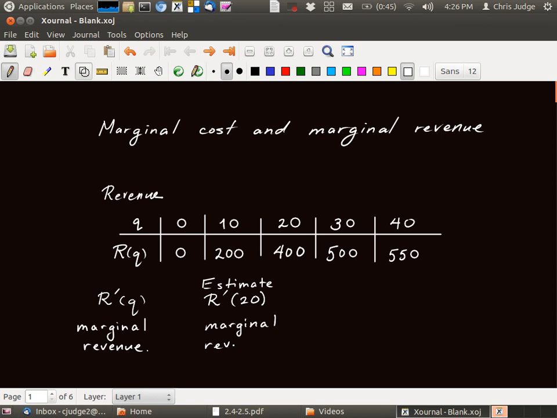It's a little bit different, but when you talk about massive quantities of units produced, it's not that much different. So R prime of 20, the thing we want to estimate, is the marginal revenue when the quantity produced is actually equal to 20. This gives me an estimate on how much more revenue I get when I produce one more unit.